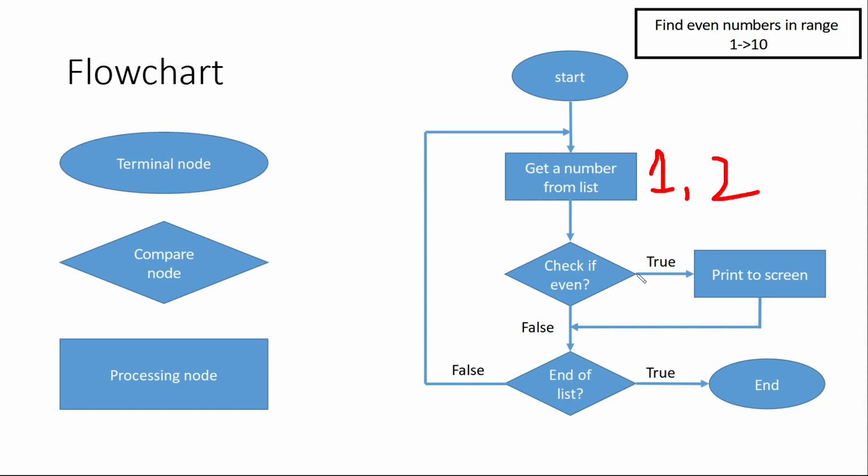So it is true, you will go this direction, put it into the output, and go back to check if your list is empty or not, and go on till 10. When that happens, this is the end of the list, so your program ends here. This is a very simple flowchart.